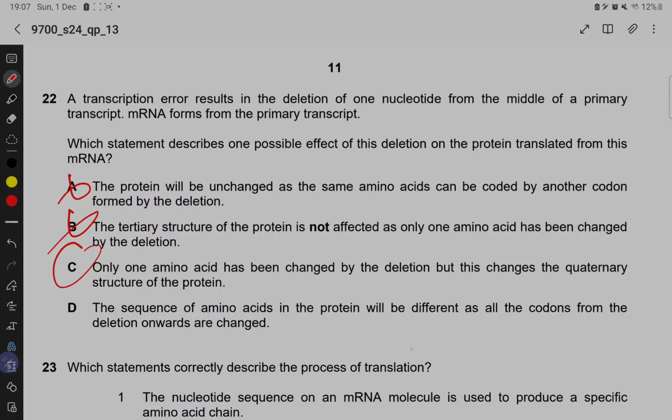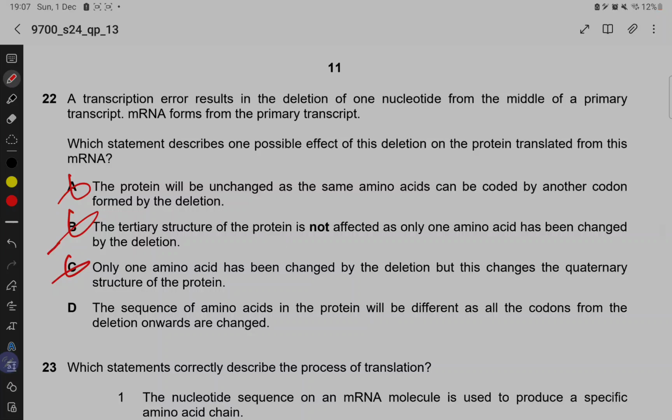Oh wait. Actually, after reading D, the sequence of amino acids in the protein will be different as all codons from the deletion onwards are changed. C is wrong actually. Similar logic with A, not the same. Because after the deletion, it's possible that the amino acid that will be produced is the same, because multiple things can code for the same one.